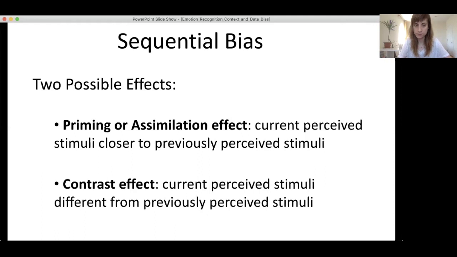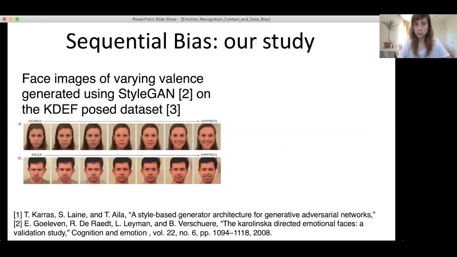As I said, we performed different experiments, using images that we generated with StyleGAN. We generated images like the ones that you see here with different subjects: 7 images ranging from sadness to happiness, and 7 images ranging from anger to happiness.